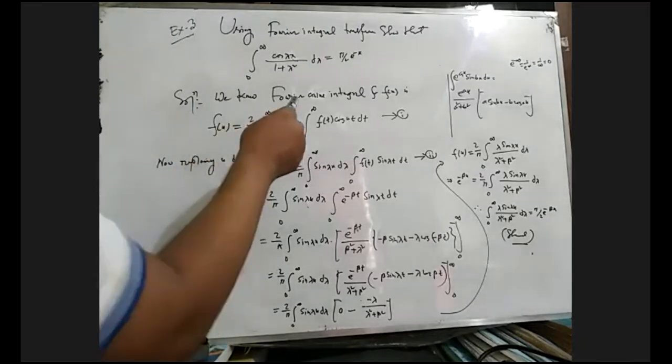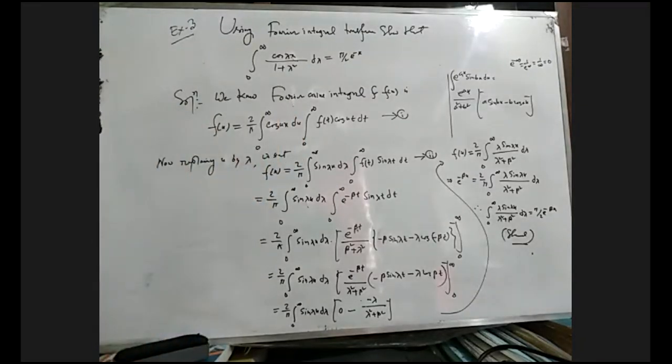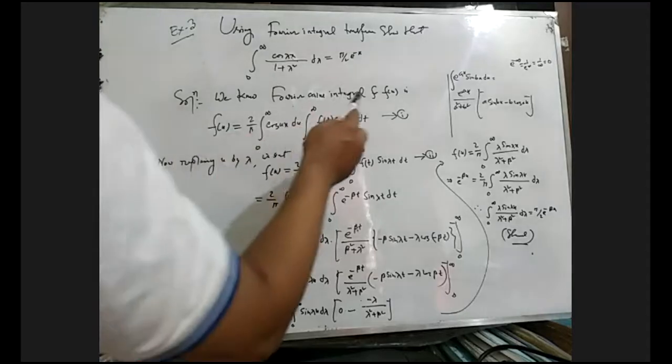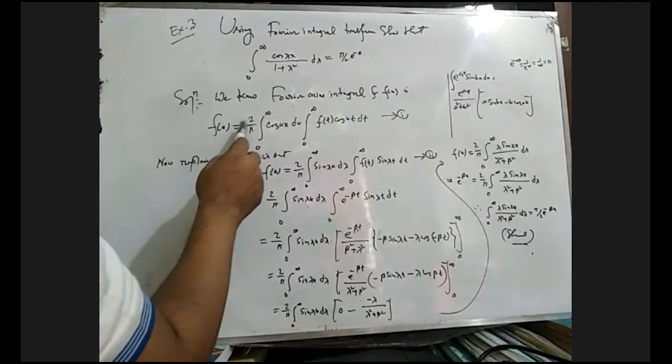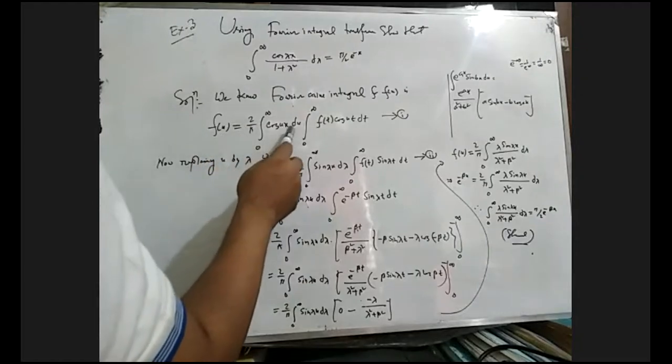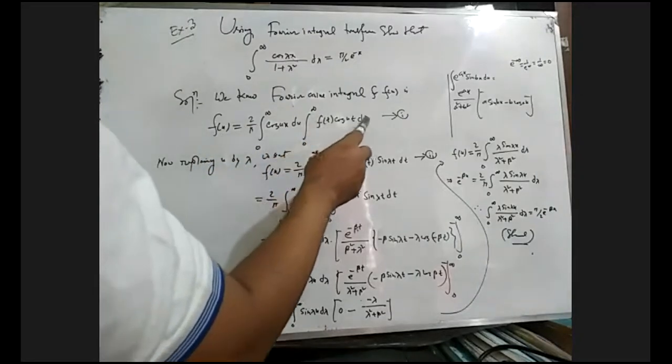So you know that the Fourier cosine integral for the function f of x can be written as f of x equals to 2 by pi integral 0 to infinity cos ux du, integral 0 to infinity f of t cos ut dt.